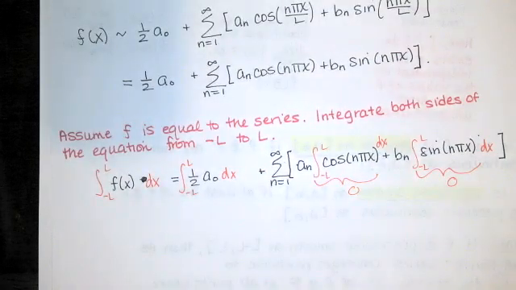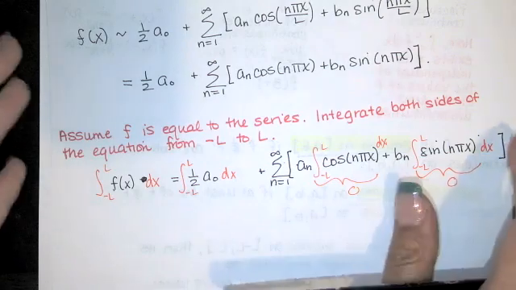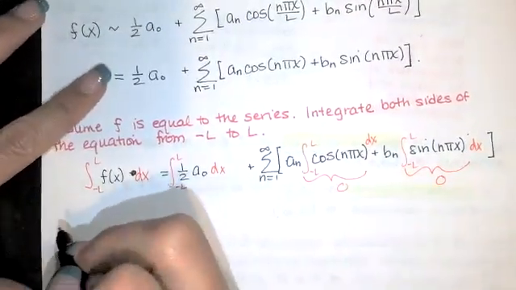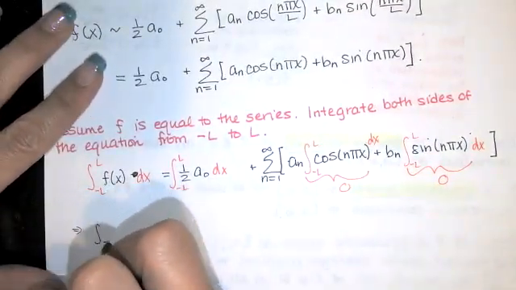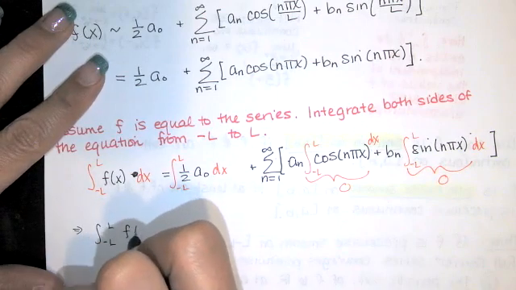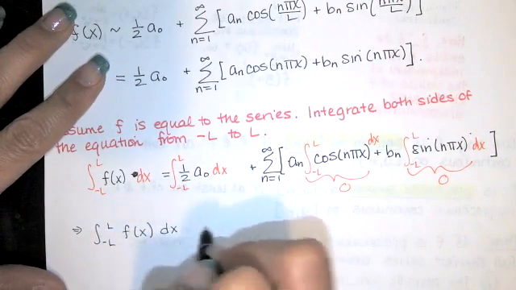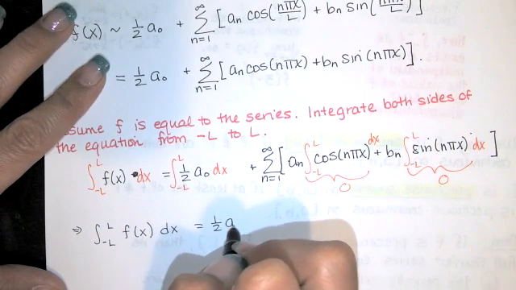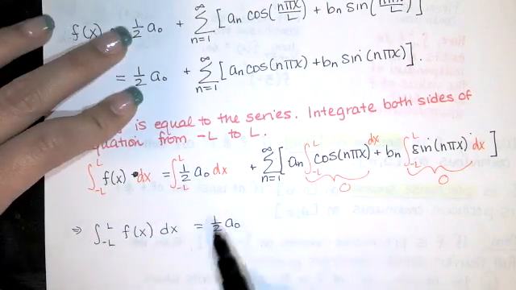Now we just have the integral from negative L to L of f of x, and that equals 1/2 of a, now our a naught.